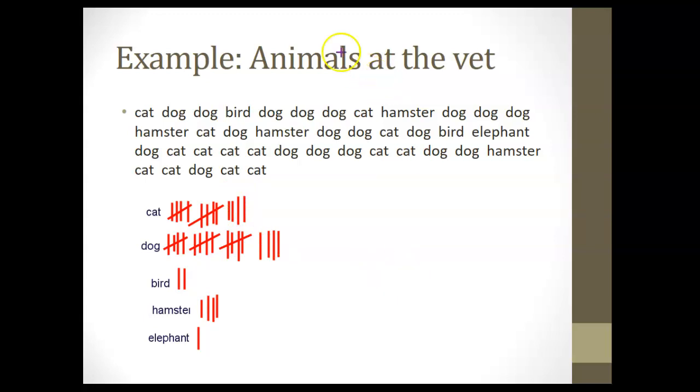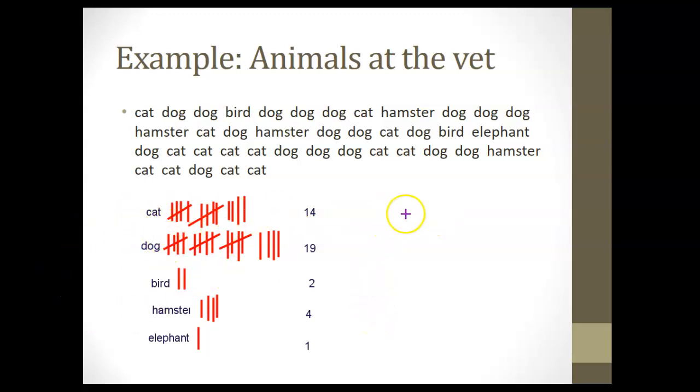Now look at what we have here. There are 5, 10, 14 cats. And there were 5, 10, 15, 16, 17, 18, 19 dogs, 2 birds, 4 hamsters, and 1 elephant.